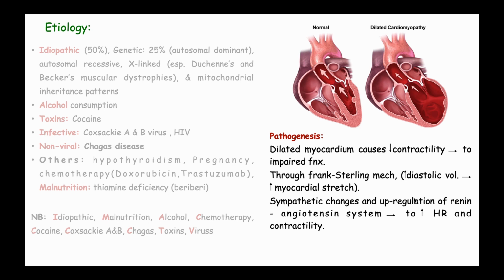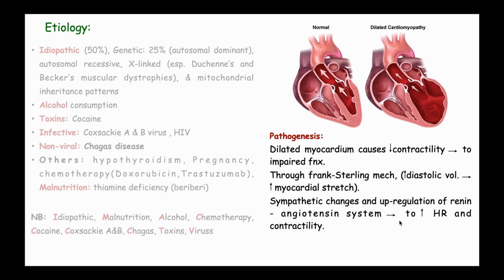Another mechanism employed by the body is the sympathetic changes as well as upregulation of the renin-angiotensin system. Now, when this happens, it leads to an increase in the heart rate as well as increased contractility.